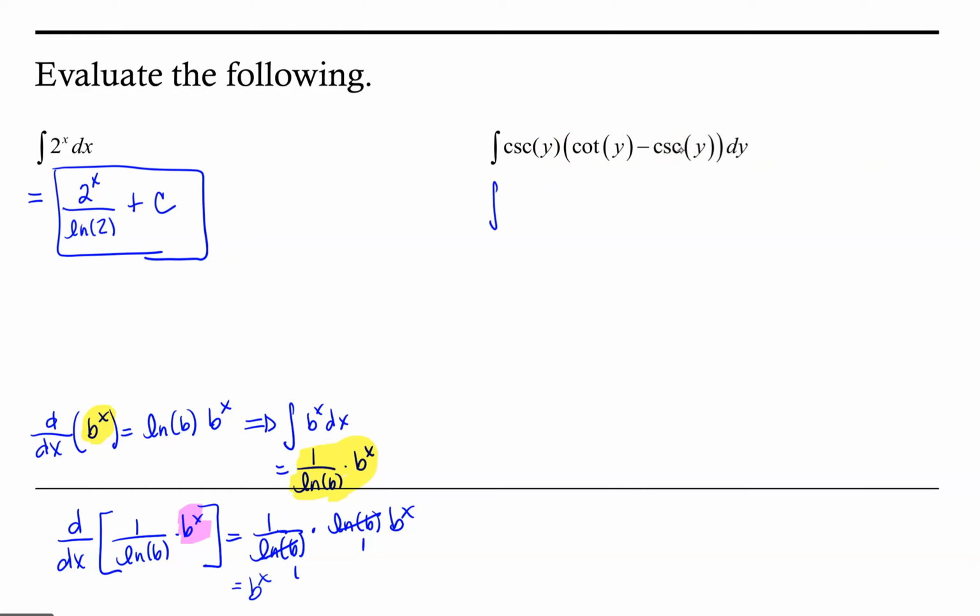And so we end up with cosecant of y cotangent of y minus cosecant squared of y dy.